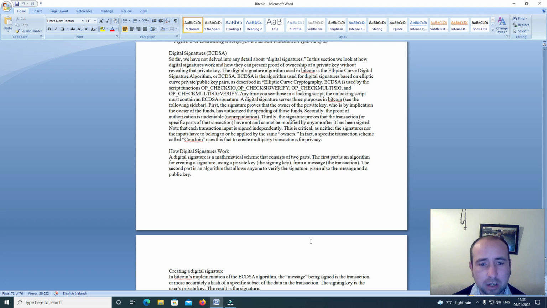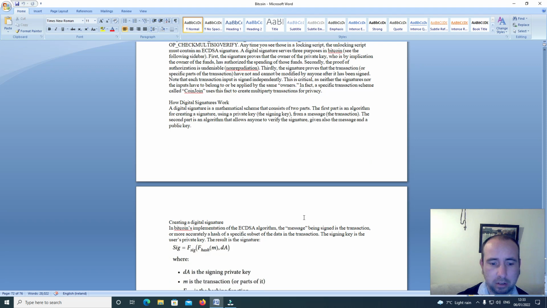Note that each transaction input is signed independently. This is critical as neither the signatures nor the inputs have to belong to or be applied by the same owners. In fact, a specific transaction scheme called CoinJoin uses this fact to create multi-party transactions for privacy.